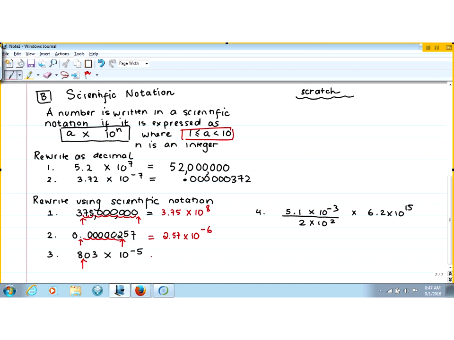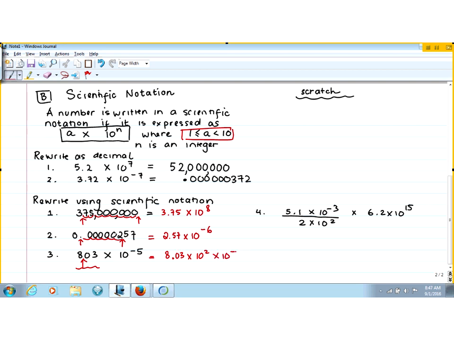So how do I write 803 in scientific notation? 8.03 times what? 10 squared. Is it? So this gives me 803.